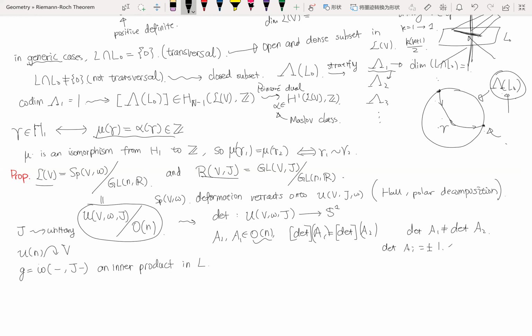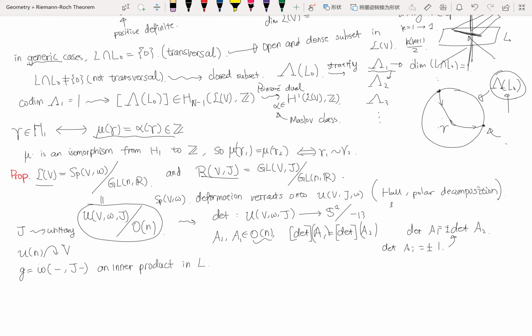So there will be a sign: it is equal to plus or minus determinant of A2. So we must pass to plus and minus 1, and we obtain again S2. But here we do not obtain S1, because here we cannot distinguish them.